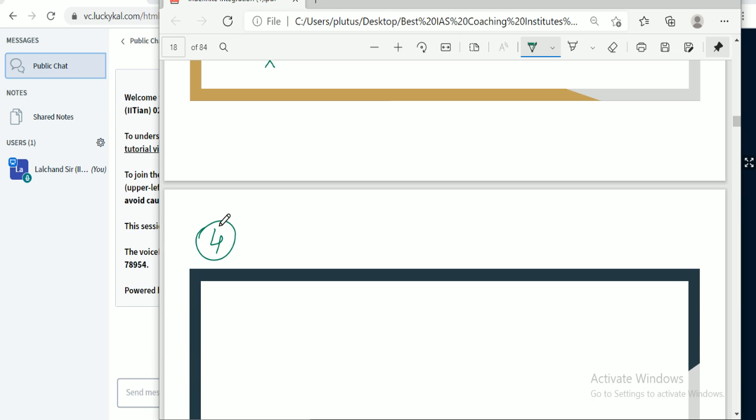The fourth property is that if we have the integral from a to b of f(x) dx, we can write it as the integral from a to b of f(a plus b minus x) dx. There is no change in these two.